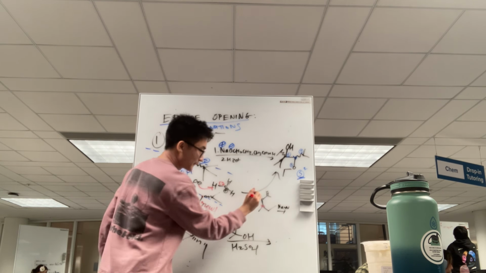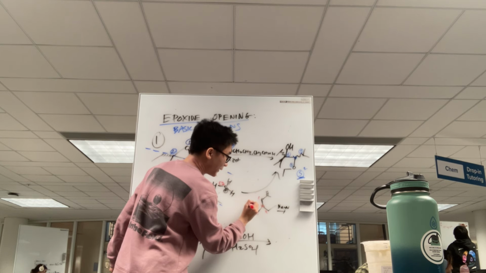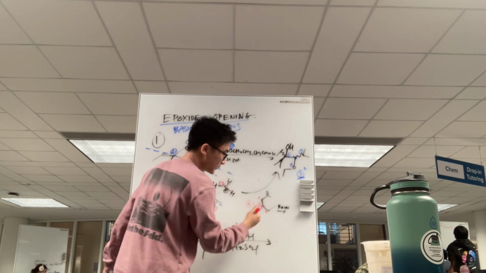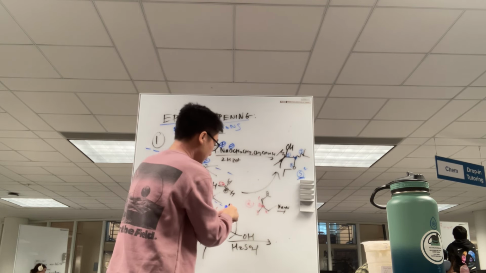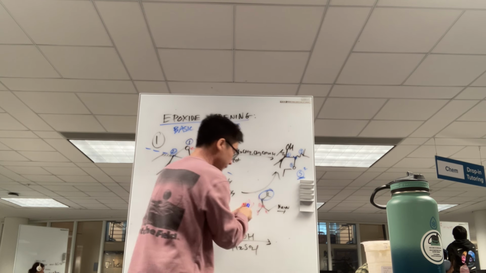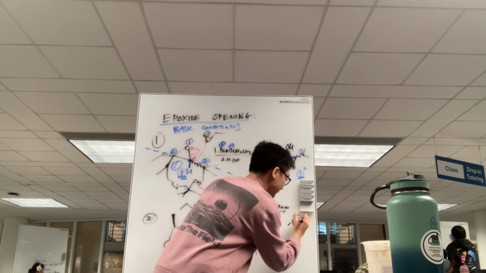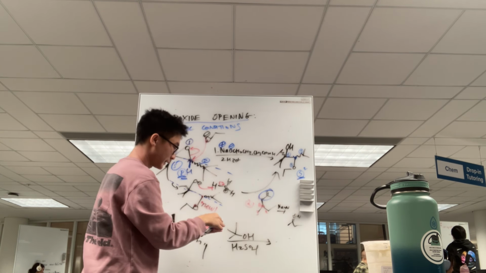It's R. 1, 2, 3, R. Yeah, clockwise. The lowest priority group is on the backside already, so it's R. When we do NaCN, we're gonna kick off this good leaving group, invert stereochemistry, and have a dash like this, CN. What's the chiral center of this one right here?